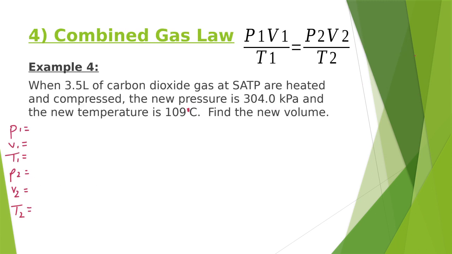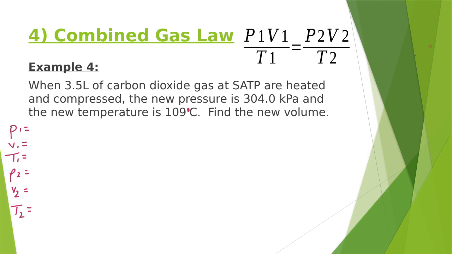The last gas law we're going to talk about is essentially a combination of the three prior. So the combined gas law incorporates all three of those other ones. If you eliminated the temperature variables, you'd notice here that you're looking at Boyle's law. If you eliminated the volume variables, you'll notice you're looking at the Gay-Lussac law.